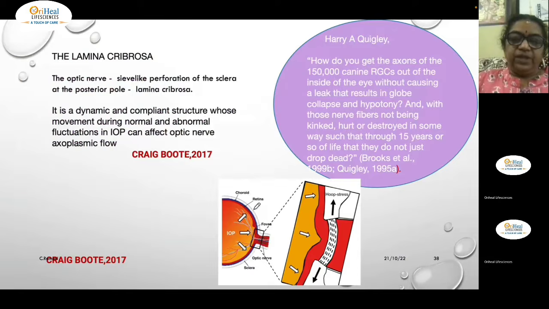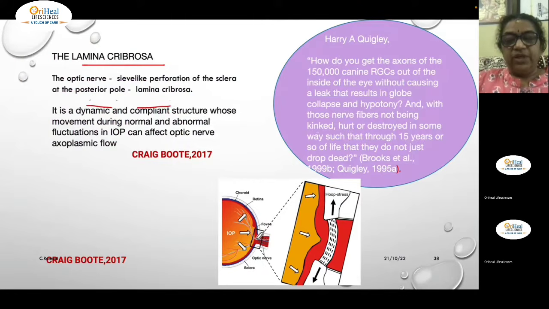So we said that axons from the ganglion cells escape outside, and form the optic nerve. During this process, what happens? It has to definitely pierce the sclera. That area is called the lamina cribrosa. This is a very highly dynamic and compliant structure.